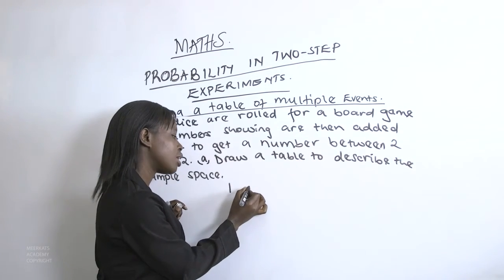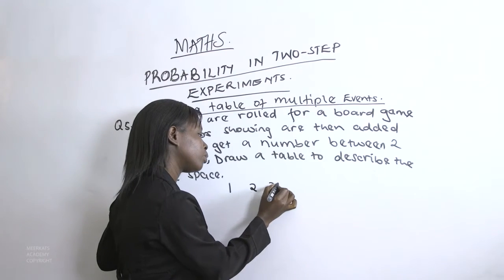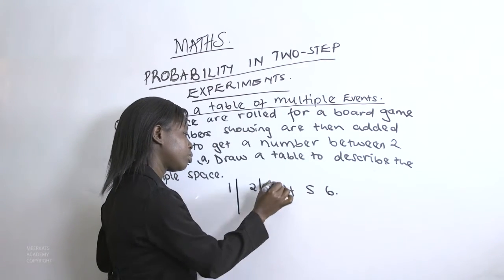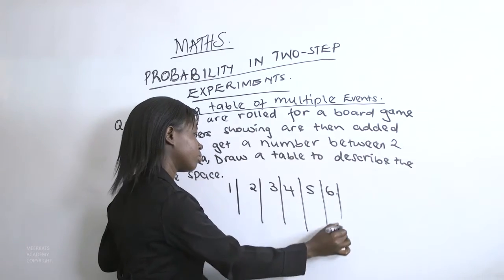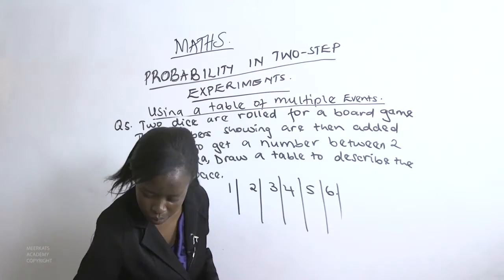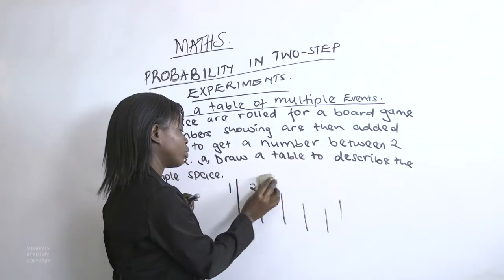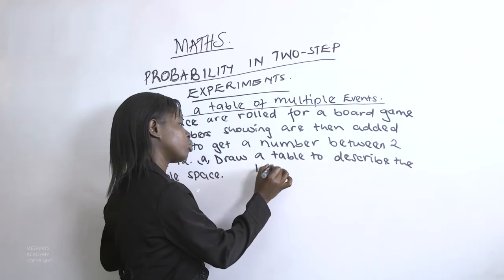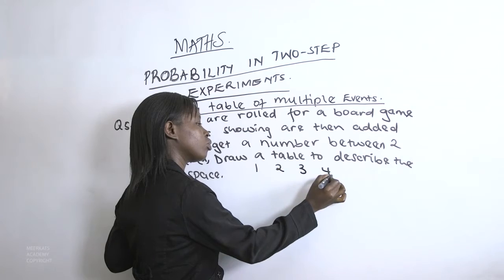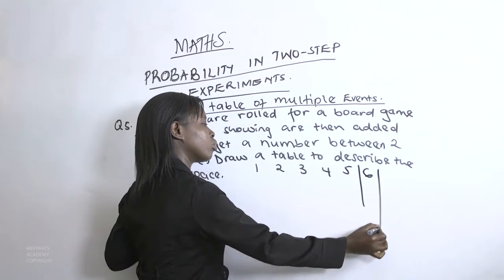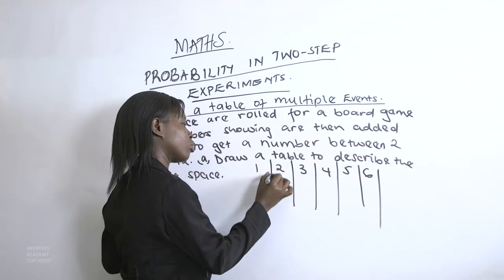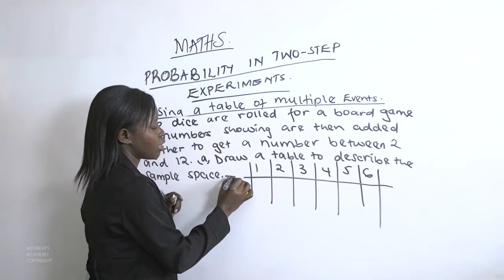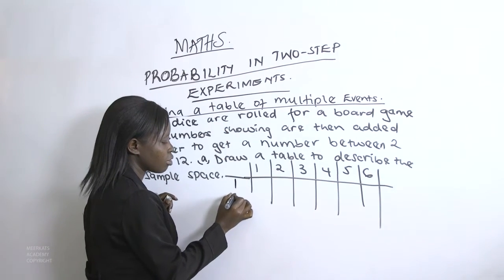So we have the first die. Then the second die also has the numbers between 1 and 6.